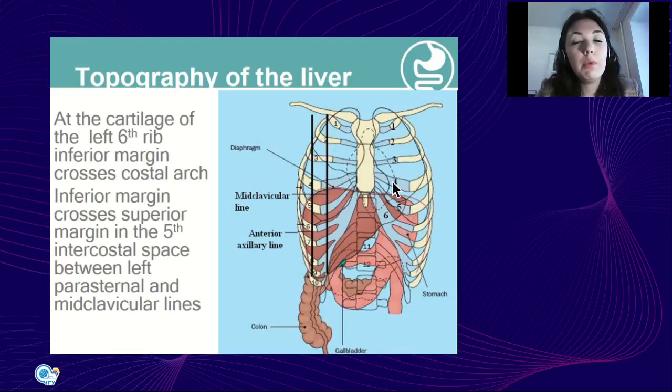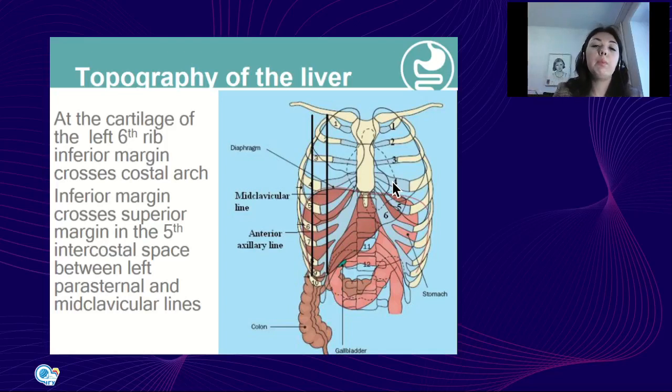So we have to keep in mind that in people with different body types, the location of the liver can vary slightly. For example, in hypersthenic people, the inferior margin of the liver can be located slightly lower than the costal arch, and it is considered to be normal.